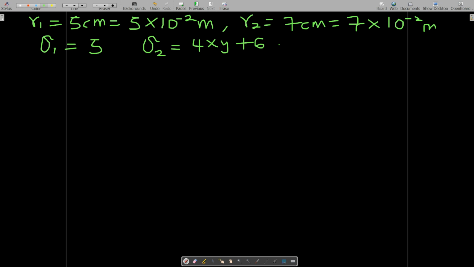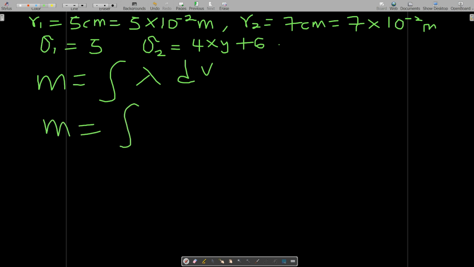This is how it goes about the mass. We are always saying the mass is equal to the integral of lambda dA or dV or whatever you have. Since we are dealing with a circular object, the mass will be a double integral from 0 to 2 pi.